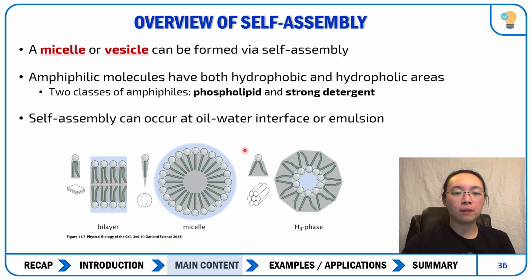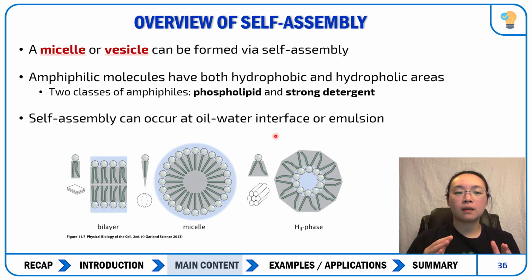And then if you have a phospholipid with very widespread tails, then it doesn't make sense that it could structurally form a micelle or a vesicle with the polar heads outside. The polar heads would have to be inside just because of the individual shapes that are created here. So you end up with something called an H2 phase, which is like an inverted micelle. So just to recap, you have your bilayer, micelle and the inverted micelle structures.